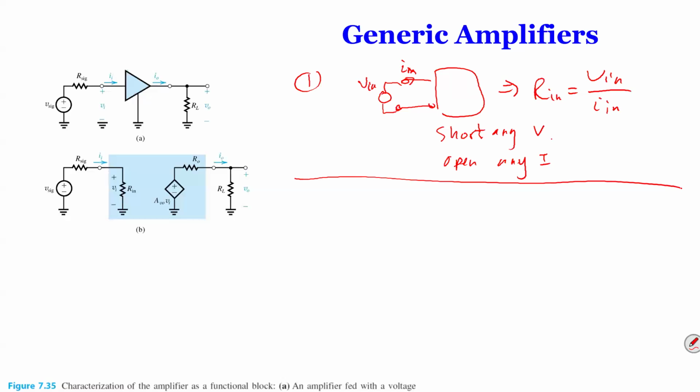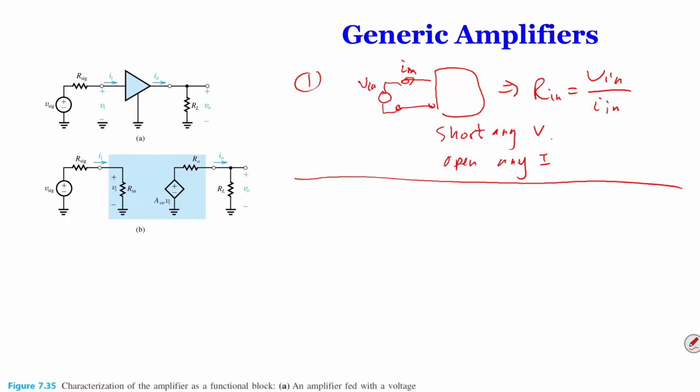So let's give it a try. The top is a generic amplifier, and this is our equivalent circuit. In this case, we want to find the input resistance.